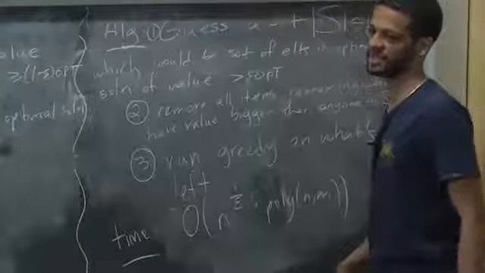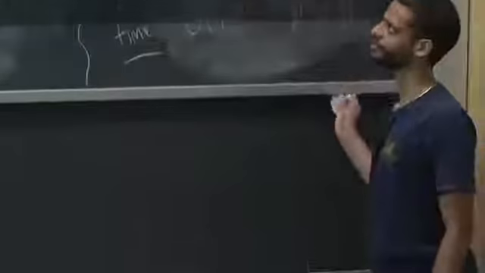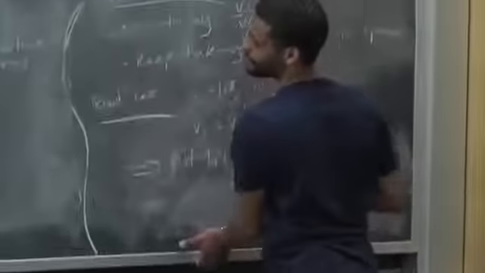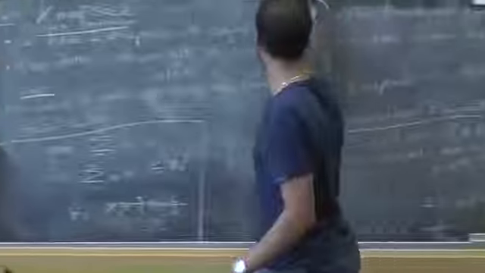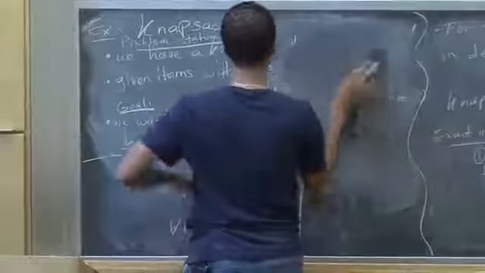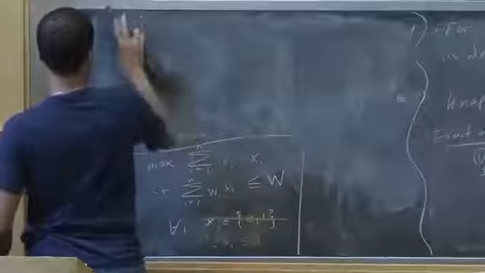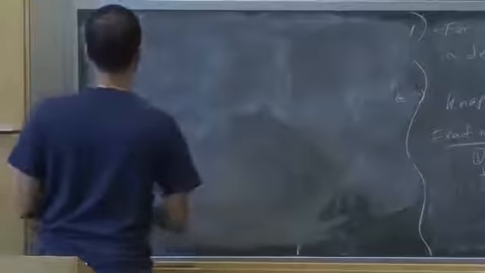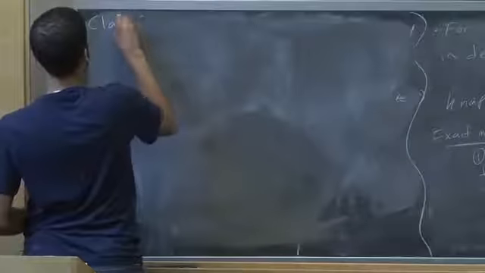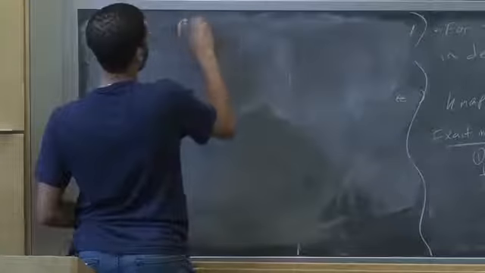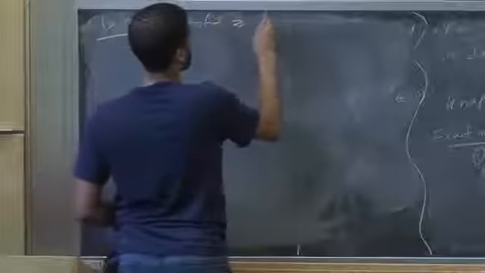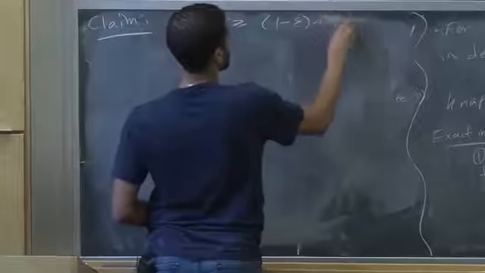I'll be less specific. And the claim is that our profit is at least 1 minus epsilon times opt. What's the proof of that?